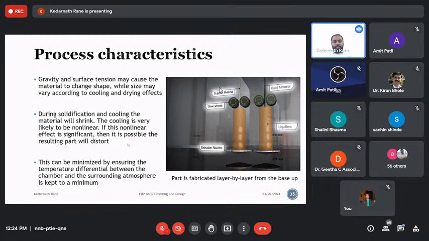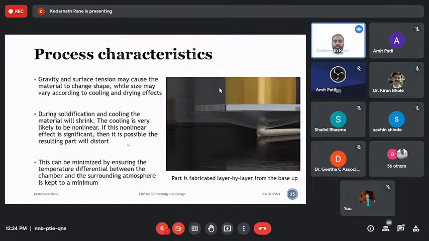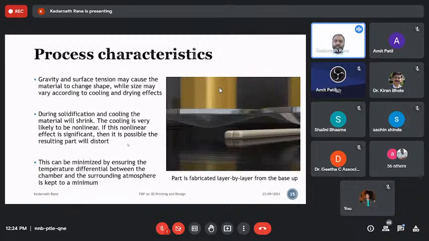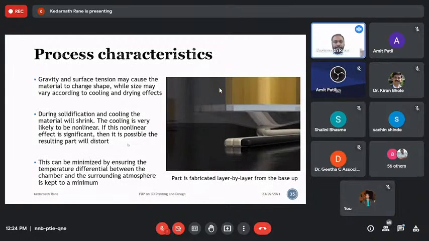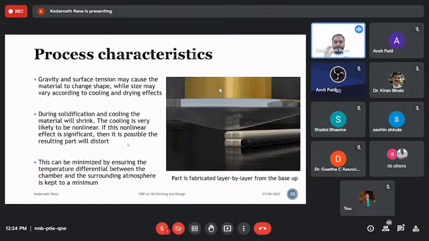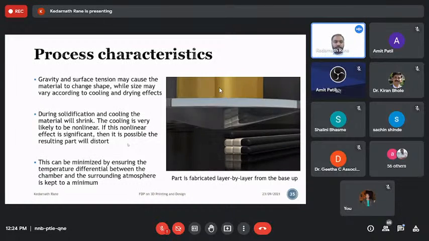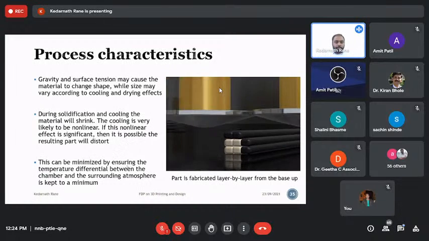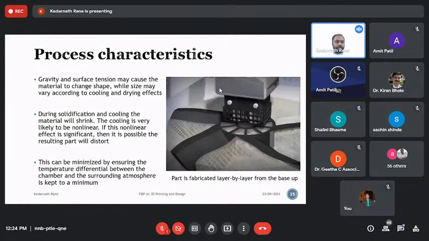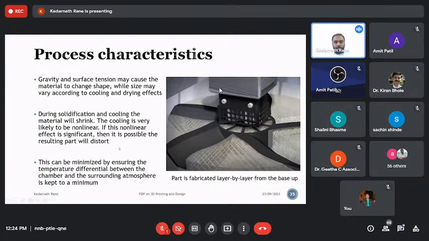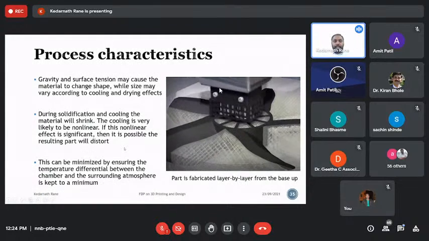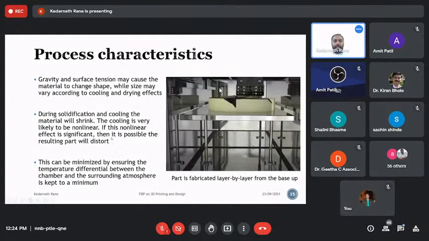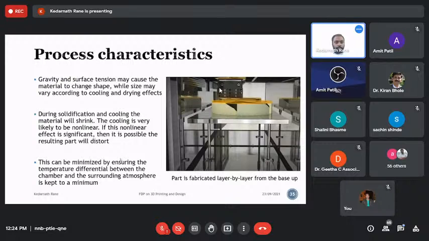So there are dimensional changes because the liquid volume and solid volume of the binder are different, although metals are much more stable because they are in solid form. So we need to consider some non-linear behavior in the design of the part when very high accuracy is needed.